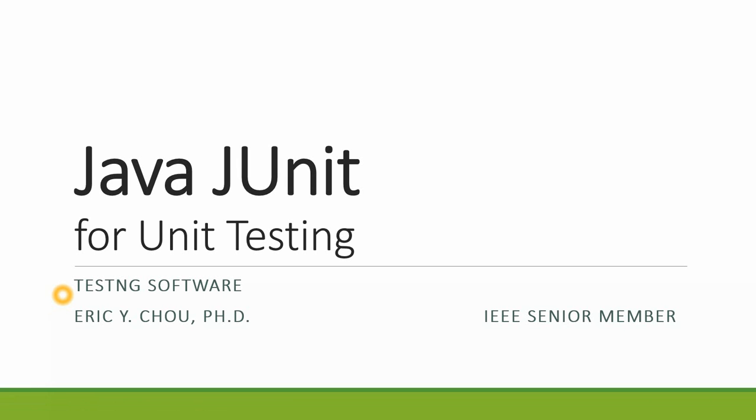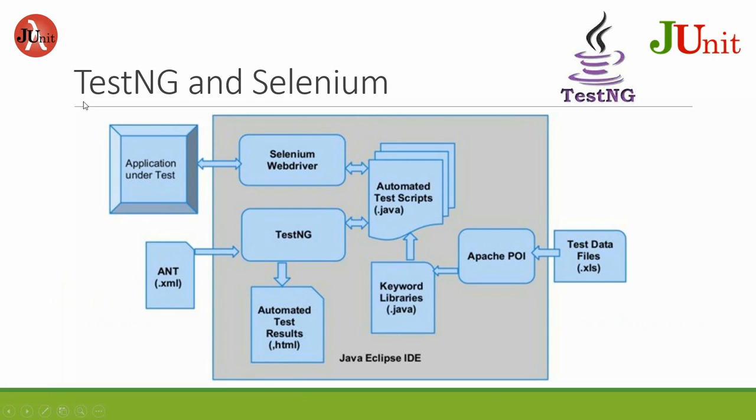In this lecture, I'm going to introduce the next generation testing tool, TestNG software. TestNG is JUnit-like. It is very similar, but it's more robust. TestNG is mostly coupled with Selenium software, and Selenium software can be driving the application under test.